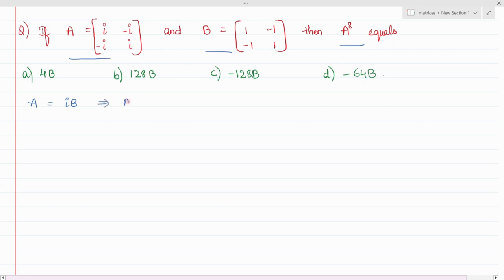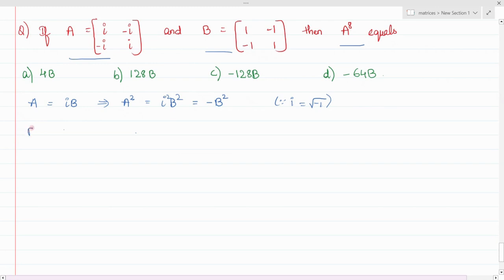So when you square it on both sides, it becomes A square equal to i square into B square. i is nothing but root over minus 1, so i square is minus 1. So A square is minus B square.